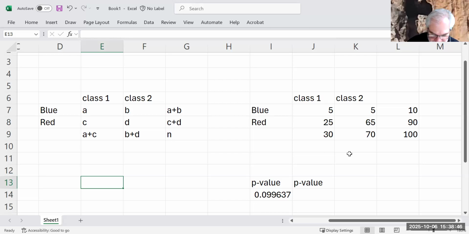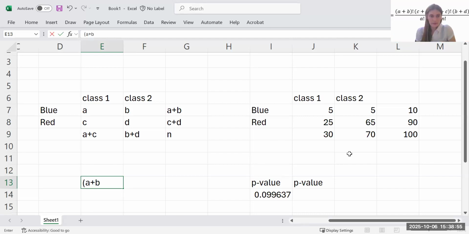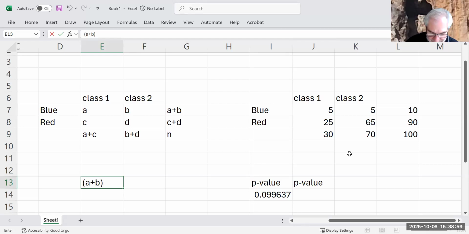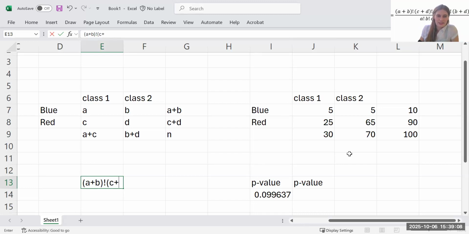Just as text: parenthesis A plus B, close that, factorial. Then we have C plus D, factorial.